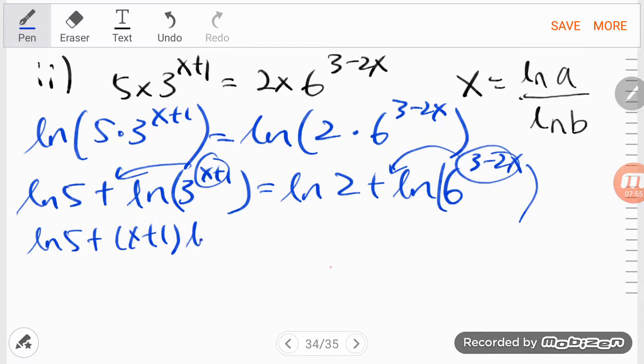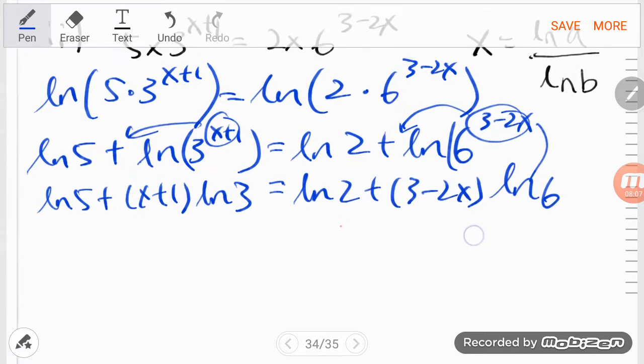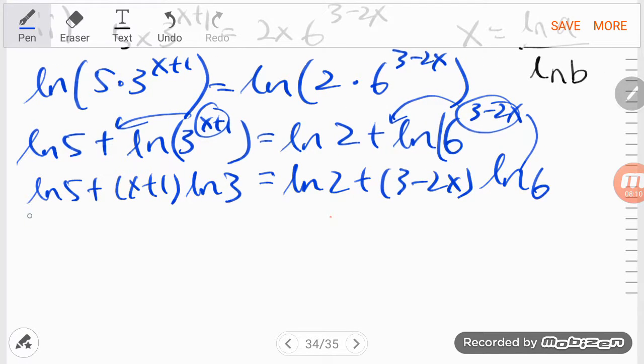Okay, and we're trying to solve for x, so eventually we need to combine the numbers on one side, and the x on the other side. So let's distribute this. I'll get ln 5 plus x ln 3 plus ln 3 is equal to ln 2 plus 3 ln 6 minus 2x ln 6.